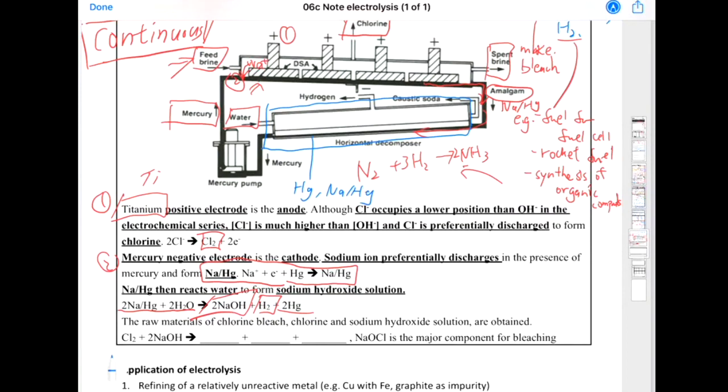Because the density of this part is the highest, it will sink to the bottom. And then the middle part is a mixture of water and NaOH with lower density, so that it will be on top of the mercury and the sodium amalgam layer. And finally, because the other product is hydrogen, the hydrogen will be left on the top here.